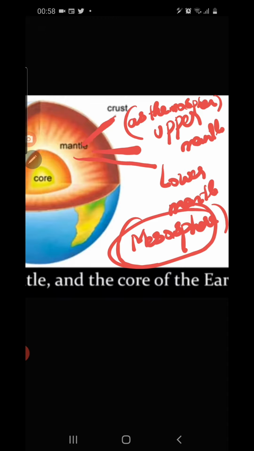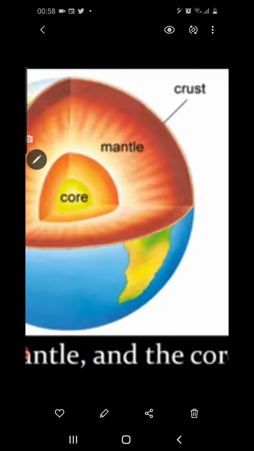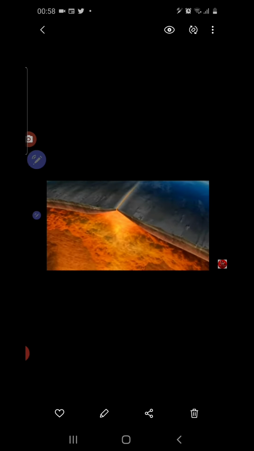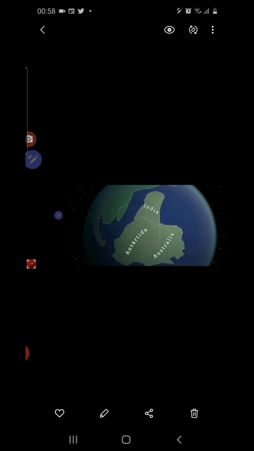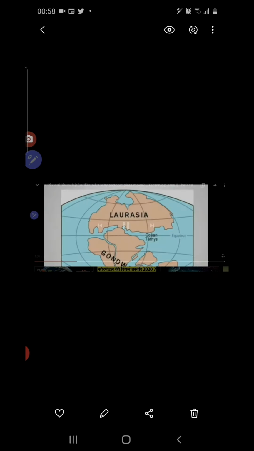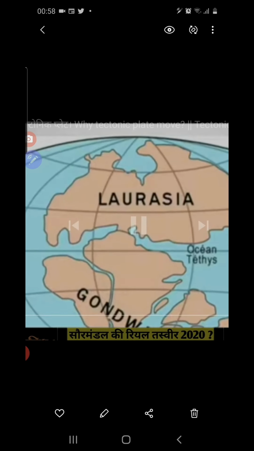So it is mainly due to this fact that we can say some kind of movements are always taking place. What kind of movements are taking place? You see under the earth, the upper mantle is in molten form, magma, so high temperature is generated. Moreover, due to the presence of radioactive elements, convection currents form.